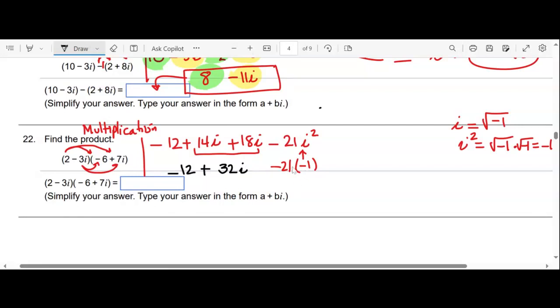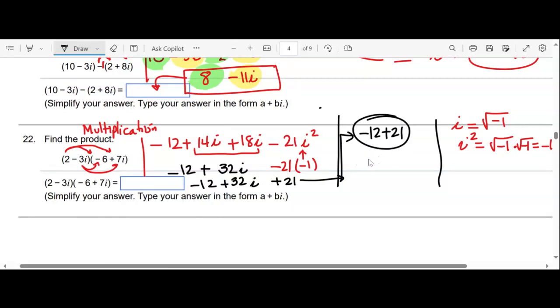Now negative times negative gives you what? Positive, right? And we have negative here: negative 12 plus 32i. So let's continue here. Negative 12 plus 21. How much does this give you? You subtract, you have 21 minus 12, which is 9, right?